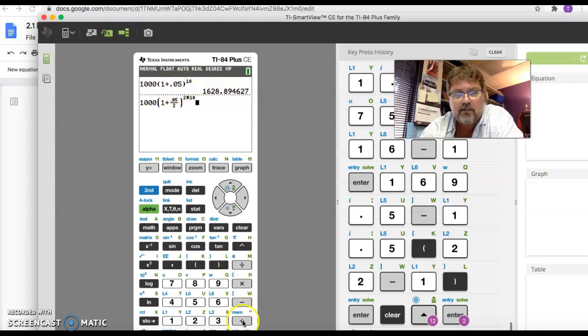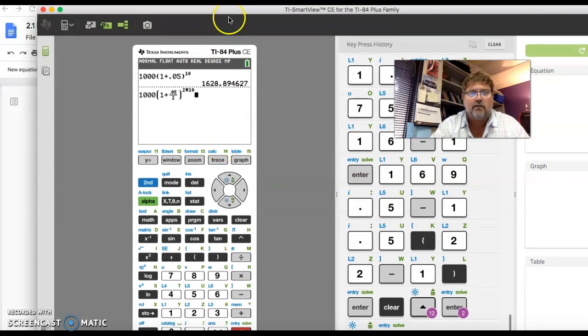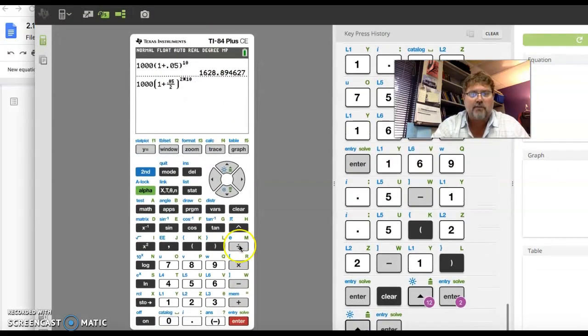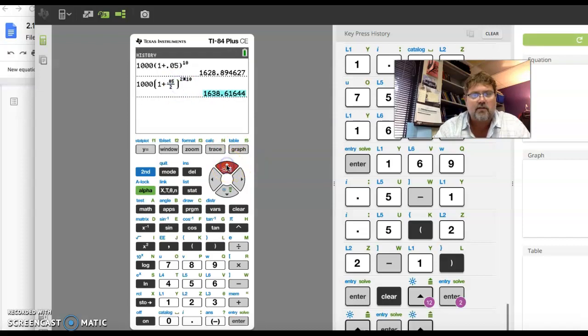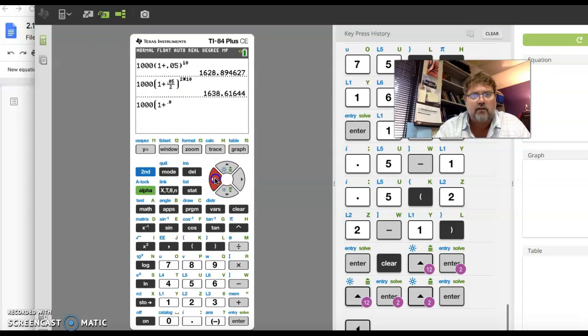Okay? Now, suppose they're going to compound it semi-annually for you. That means 2 times we would get an extra, not quite even $10, right? It goes up by about $10. And here's what I wanted to show you. If we took this number and we said, what if we wanted to compound it more than that?